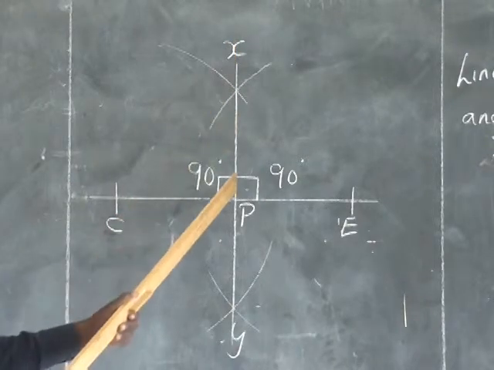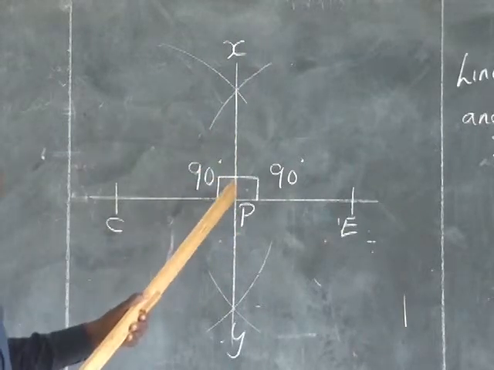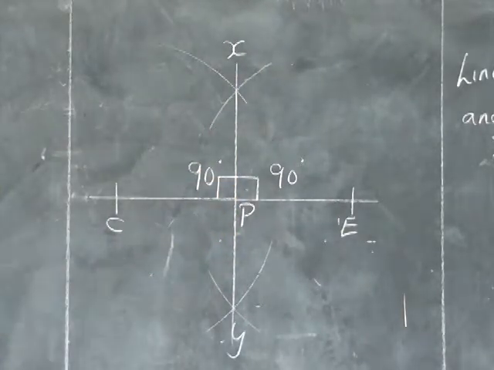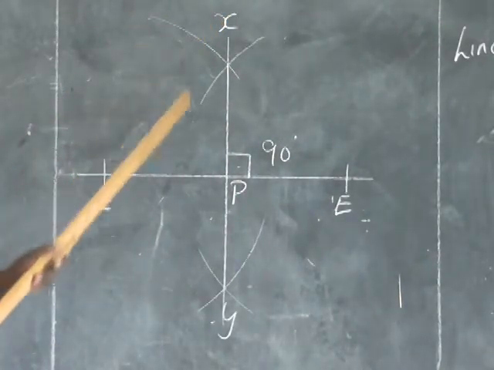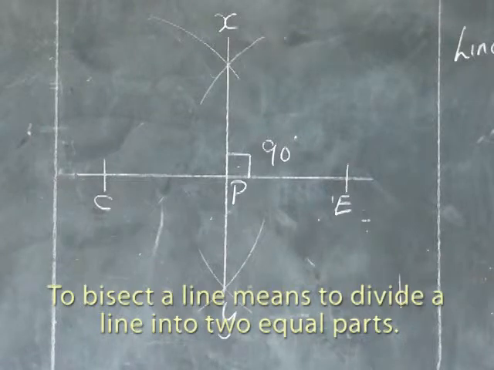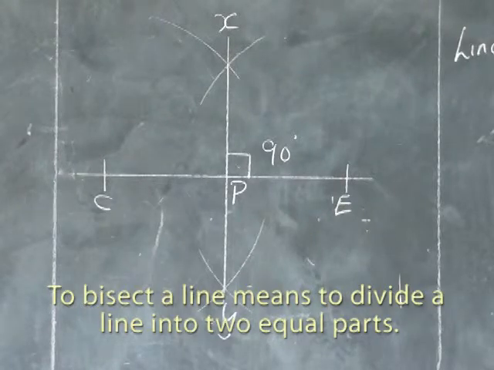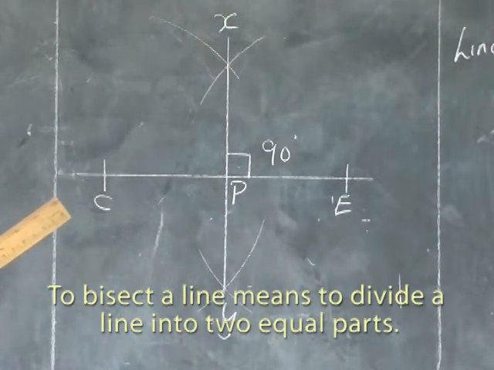Because line XY meets line CE at point P at a right angle. Very good. Therefore, to bisect a line simply means to divide a line into two equal parts.